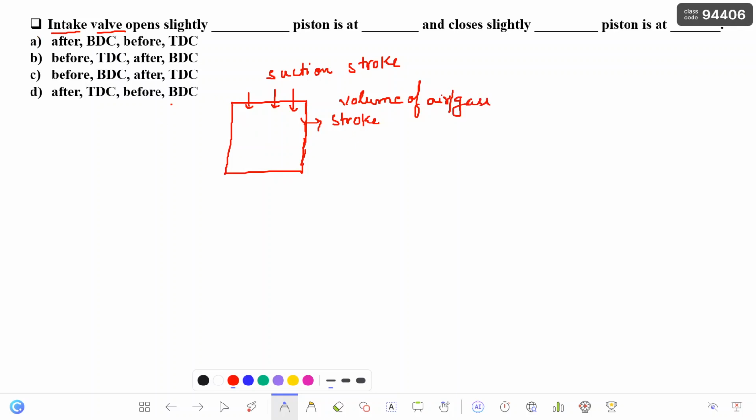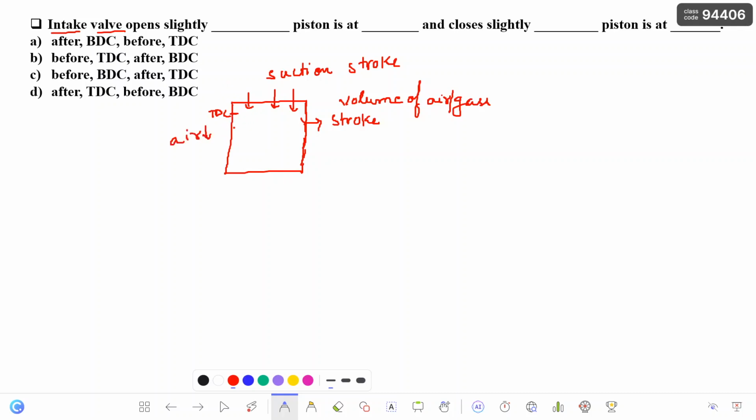So when does the intake valve open? It opens when the piston is at the top dead center. If it opens before or after the top dead center, there will be some reduction in the volume of air taken in.